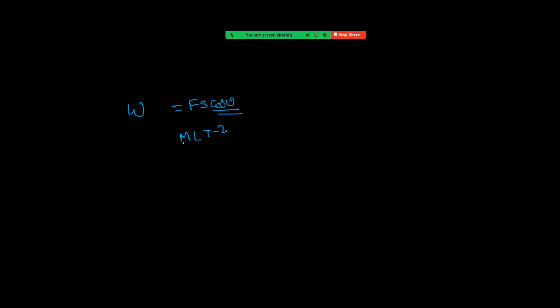I am repeating: force is mass into acceleration, mass M, acceleration is meter per second square, for meter we take L per second square, so T power minus 2, into S. S means again L. So this becomes M L square T power minus 2. This is the dimensional formula of work.